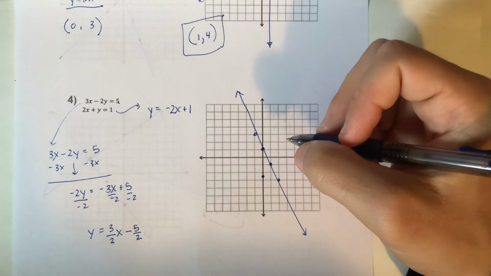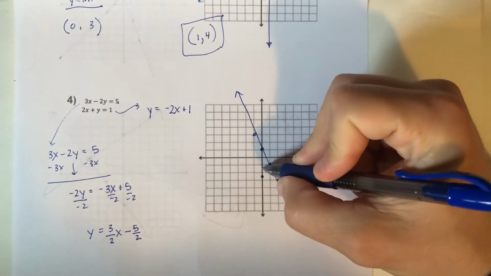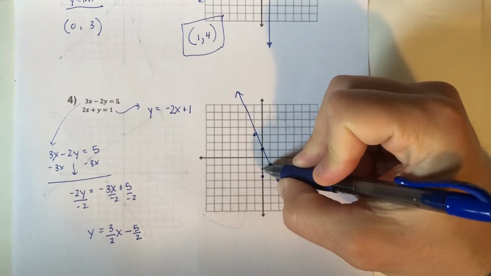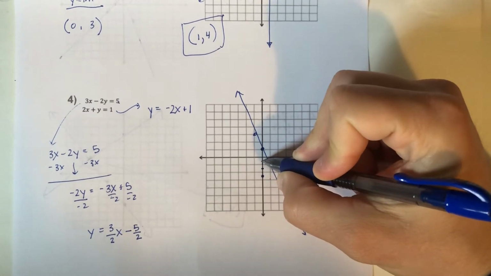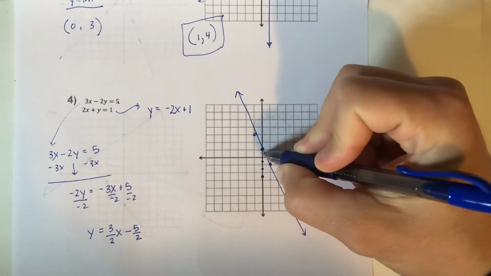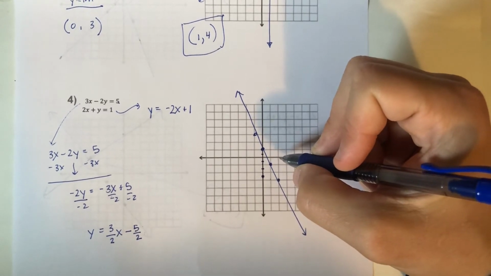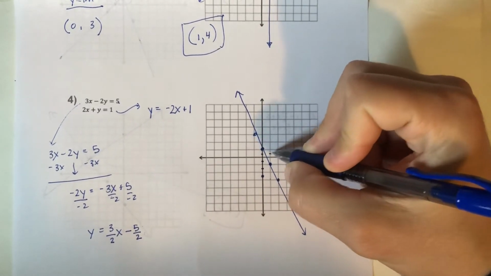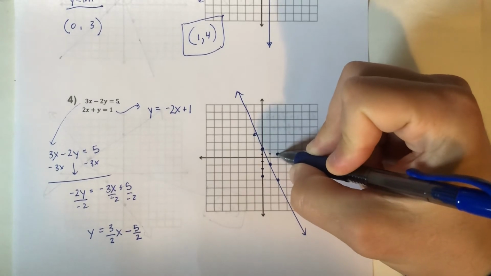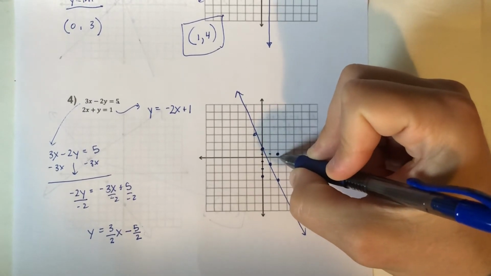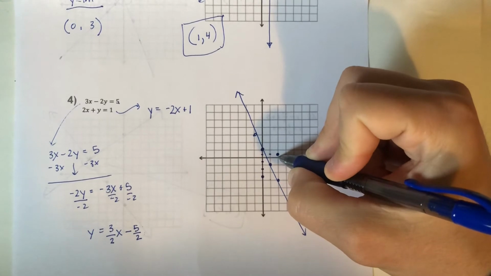Now my slope of 3 over 2 means I would go up 1 to negative 1.5, up 2 to negative 0.5, up 3 to 0.5, to the right 2, which would put my final point at 2.5.